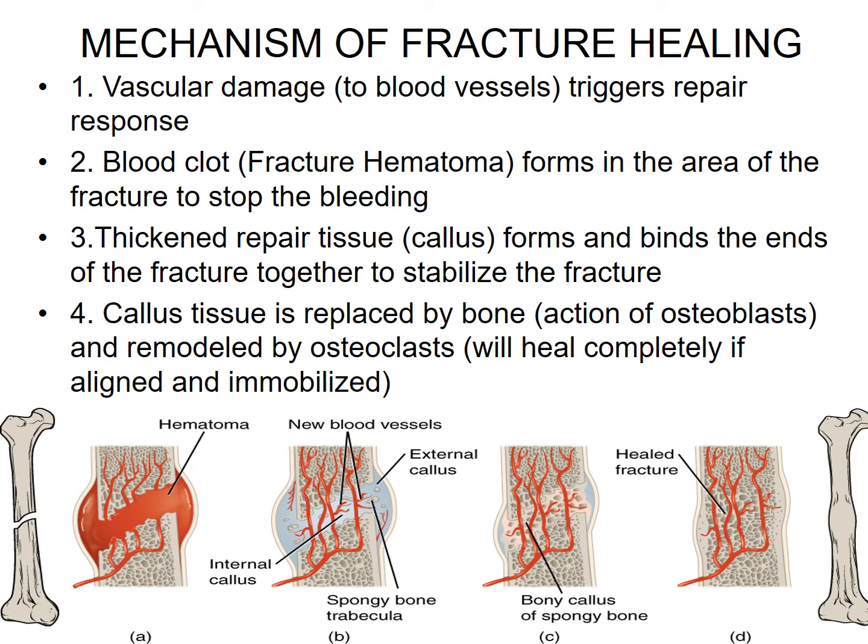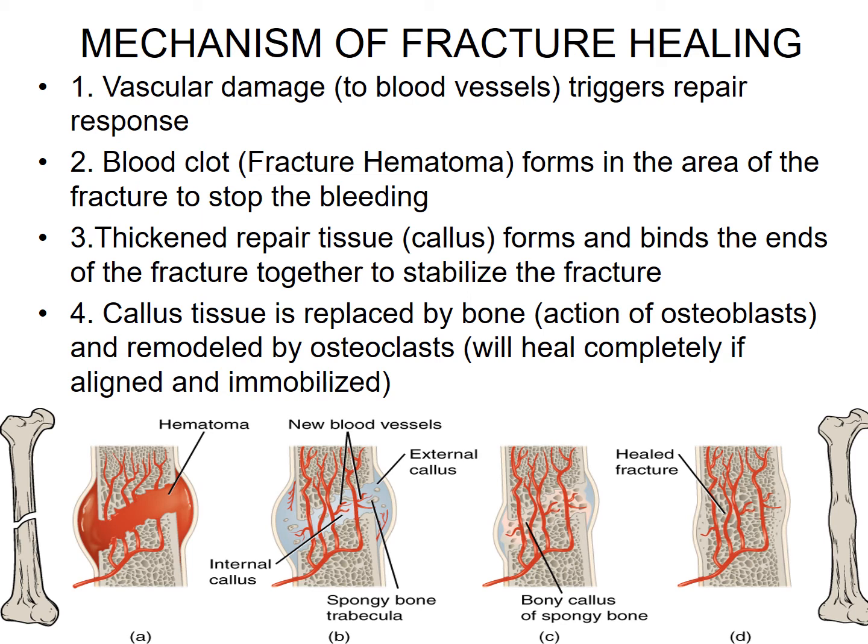So as I mentioned, when you break a bone, there is bleeding. Because there's so many blood vessels throughout both the compact and spongy bone, when you actually shatter or break off part of the bone, those blood vessels are going to break with it. So what happens is blood starts pooling in this area, and it eventually clots, and it kind of forms this little blockage or tumor looking structure called a hematoma.